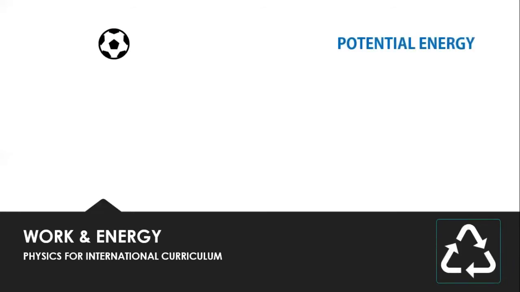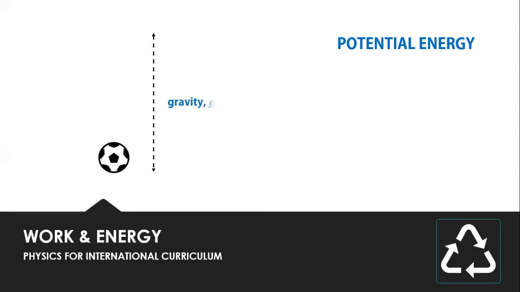Potential energy. So what is potential energy? Look at this slow motion. This ball is going down from up to down, so the motion is downward. As we know, this motion depends on the height and gravity of this object.